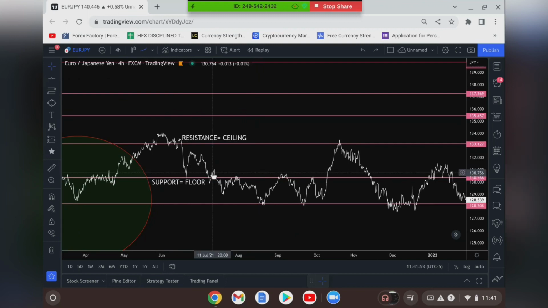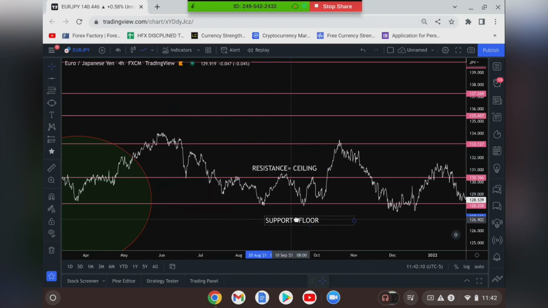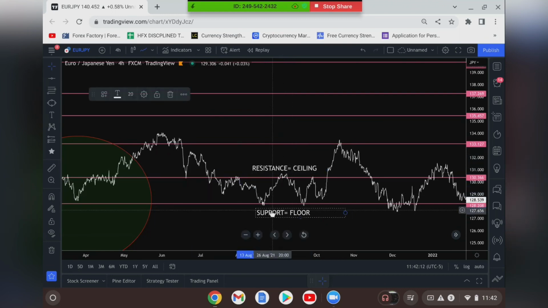And once we can get price to come down to the basement floor, it's going to bounce off of this floor and retest that previous floor as a new ceiling, okay? So again, now this is our new ceiling. And now this is our new floor, okay? And we can see that price has retested these areas, both the ceiling and the floor, multiple times, letting us know that these are strong areas within the market.